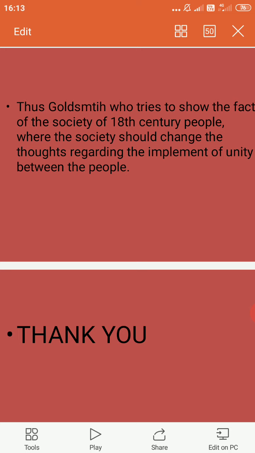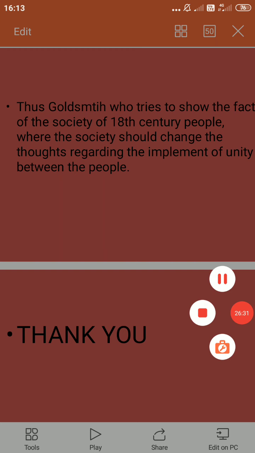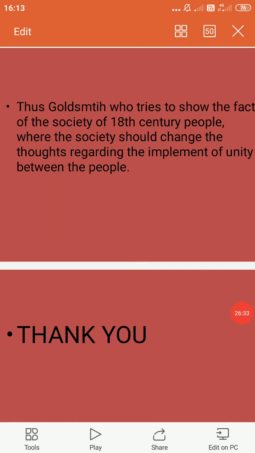Everything was criticized in a very fine manner so that the reader can understand what actually happened during the time of the 18th century.